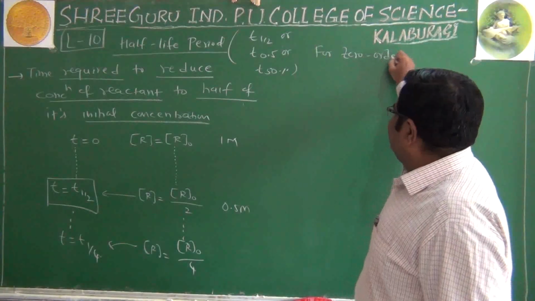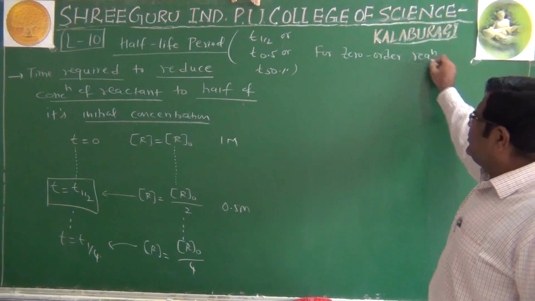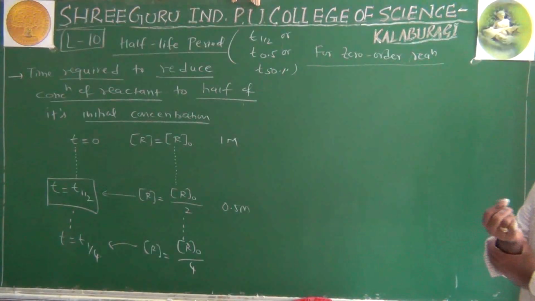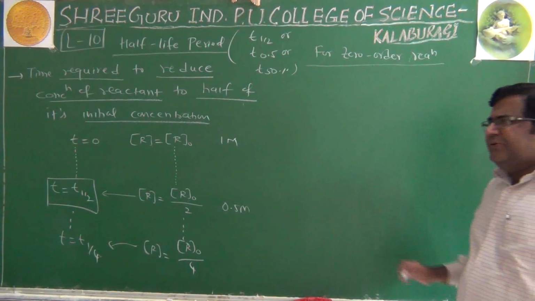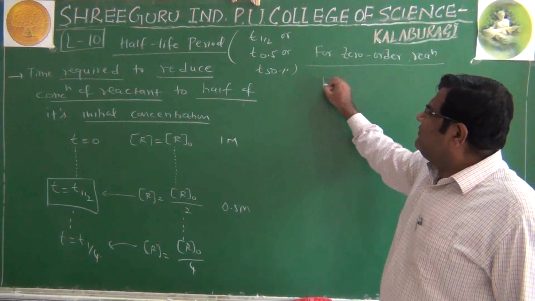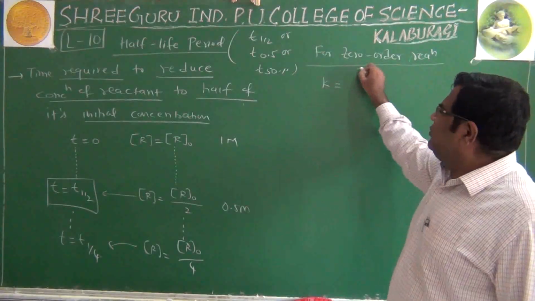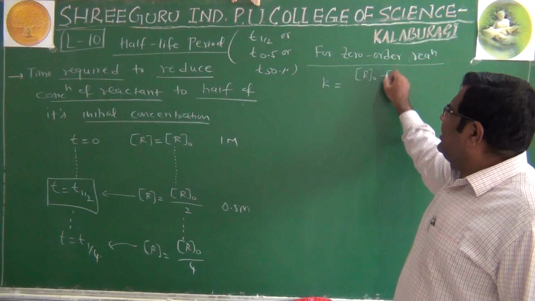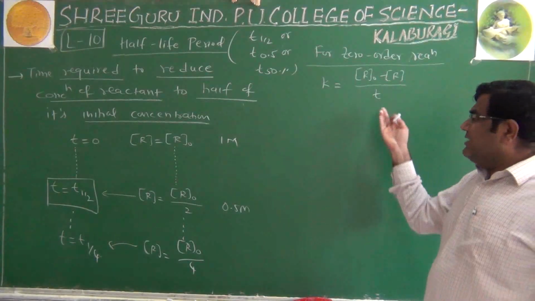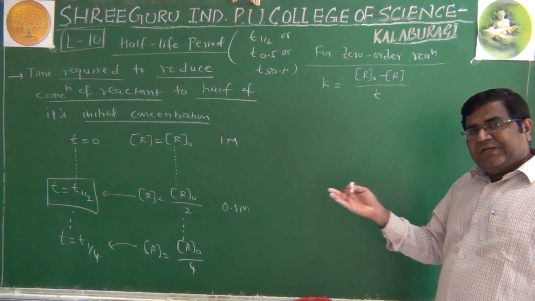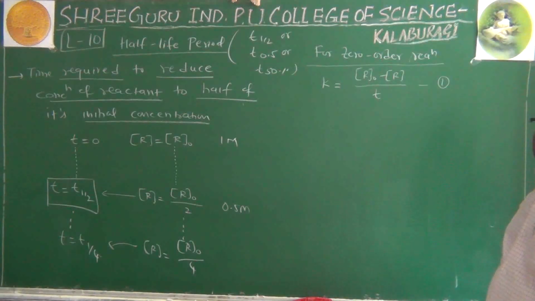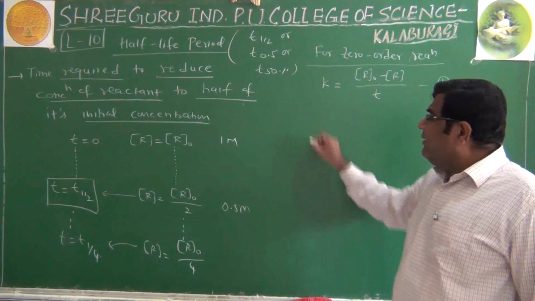This is also a 2-mark question frequently asked: derive the equation for half-life period of the zero order reaction. Very simple derivation, only 3-4 steps. We start with this equation, k equals R0 minus R by t, for zero order reaction. This is the last step of the derivation of the integrated rate equation for zero order reaction. We will call this equation number 1.